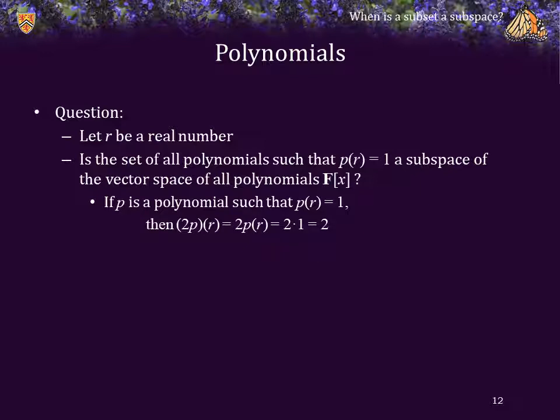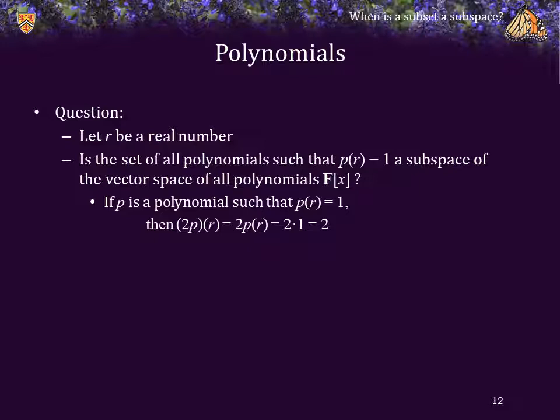But consequently, if I multiply that polynomial by 2, then twice the polynomial evaluated at R is just twice that polynomial evaluated at R, which is just equal to 2 times 1, which is 2.